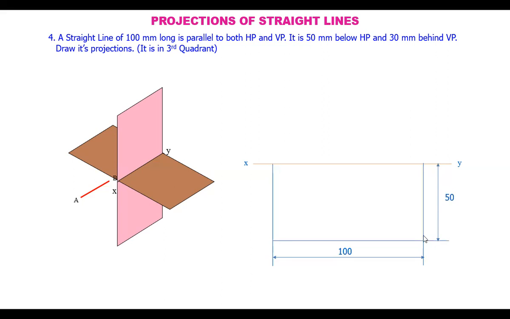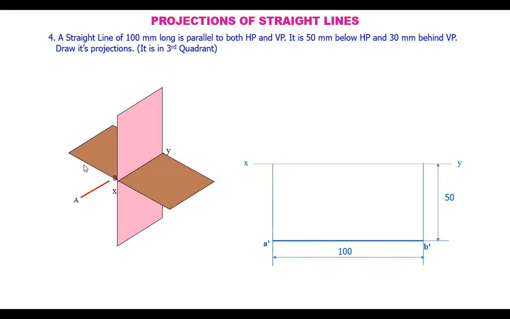At 50 mm, we draw a construction line, and because this is the actual front view, 100 mm long, mark this as A dash B dash. The front view has come below the reference line because it is in the third quadrant. So this A dash B dash is the front view of AB.